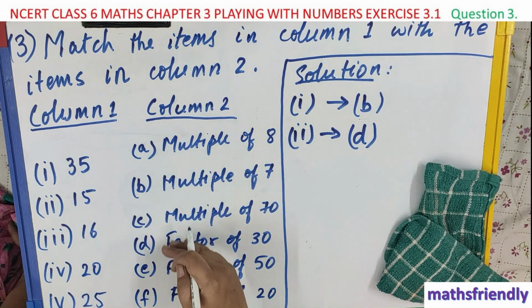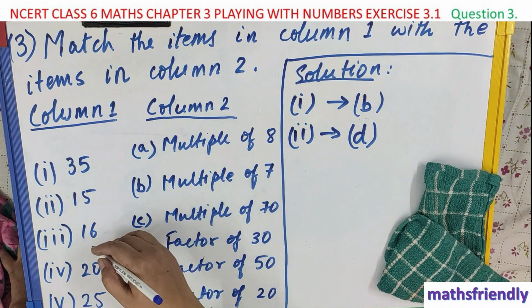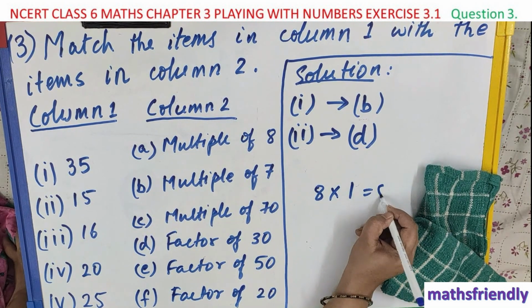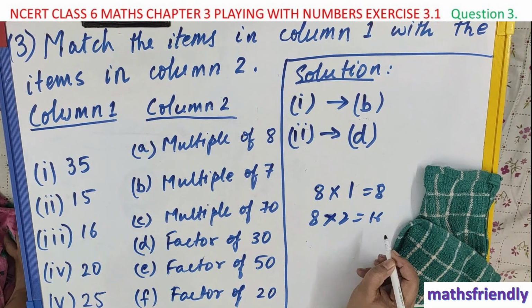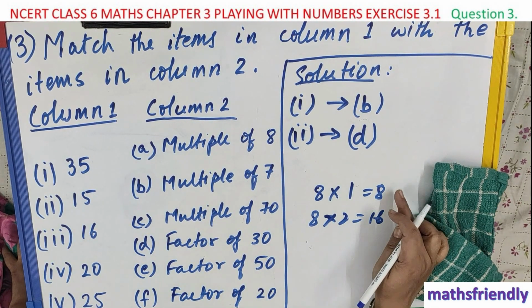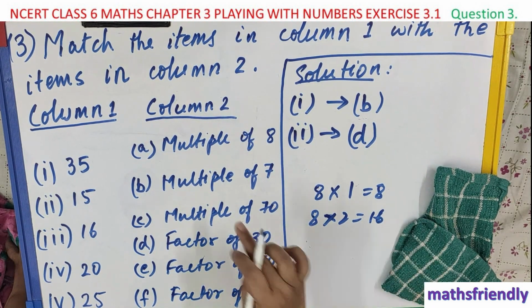Now let us come to this 16. So we will check one by one from A. 16, multiple of 8. Is it a multiple of 8? Yes, obviously it is a multiple of 8. 8 ones are 8, 8 twos are 16. So the first multiple of 8 is 8 and 8 twos are 16. 16 is the second multiple of 8.